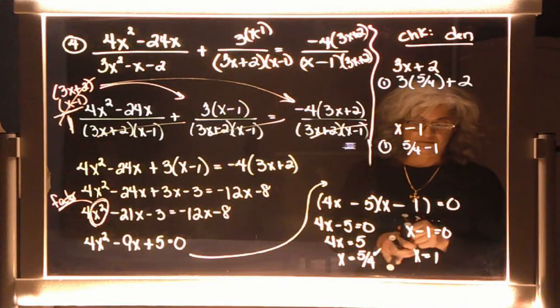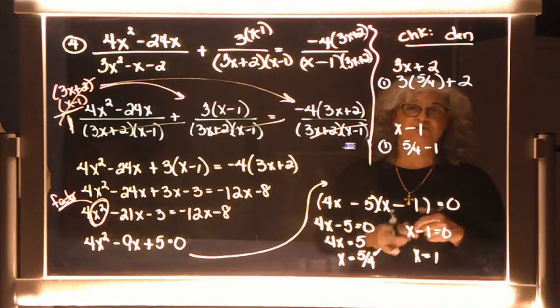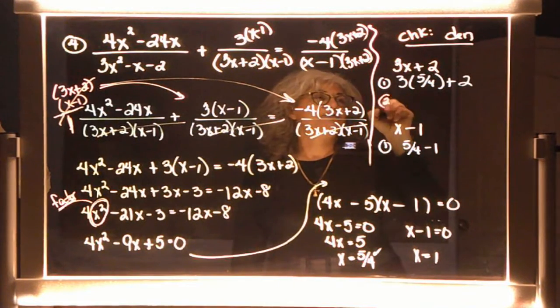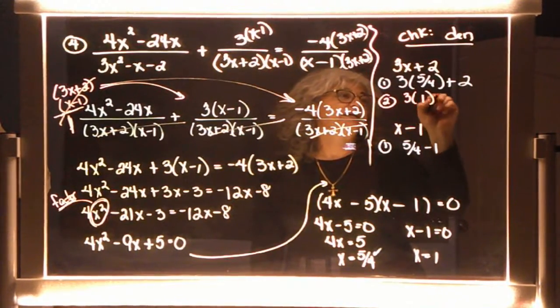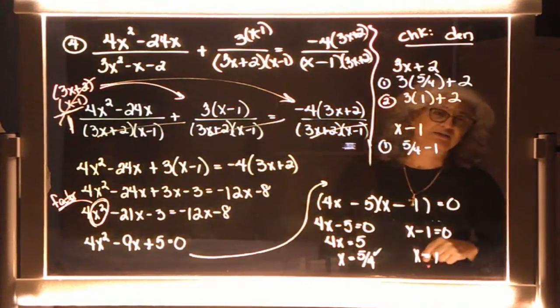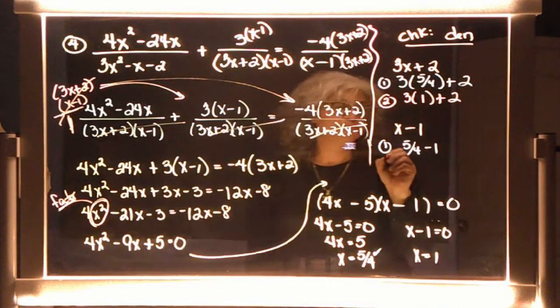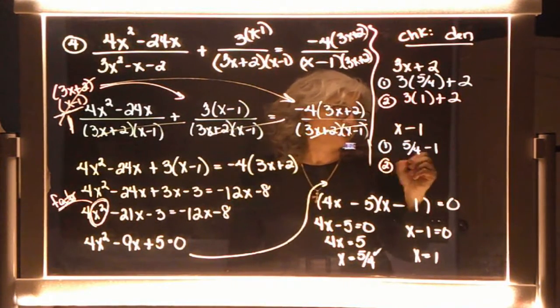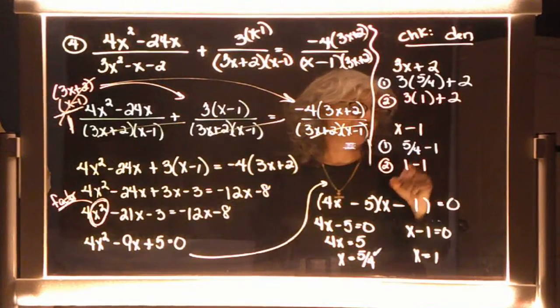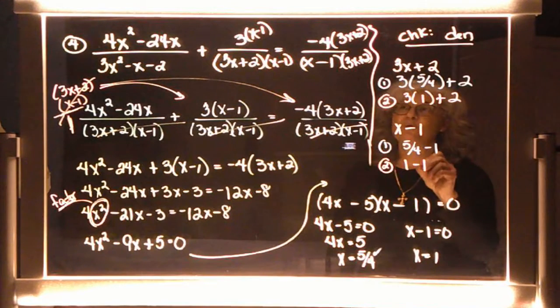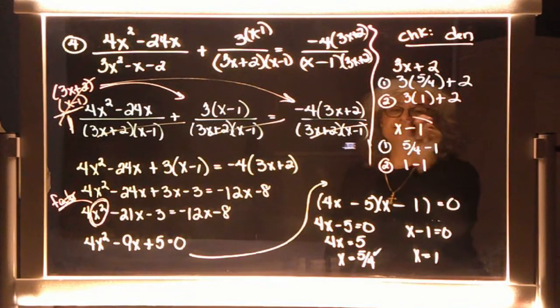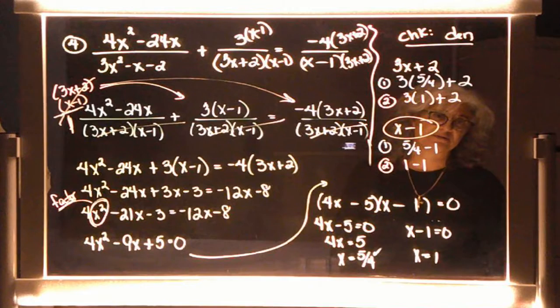What about answer number 2? I'm checking answer number 2, and that answer is a 1. If I take the 1 and plug it in, do I get a 0? Nope. Into the second one, if I take the 1 and plug it in, does it make this one 0? Yep. That 1 makes this denominator a 0.